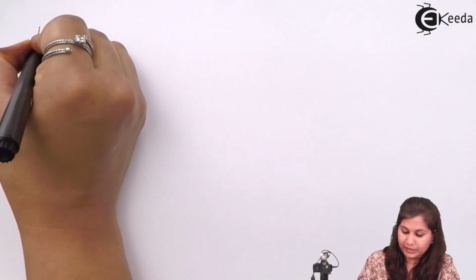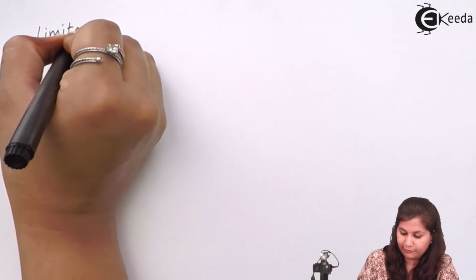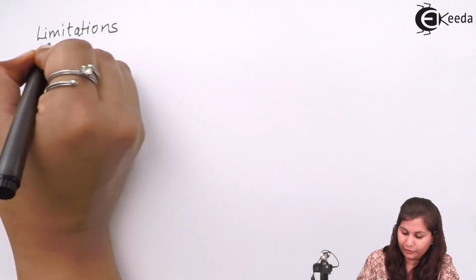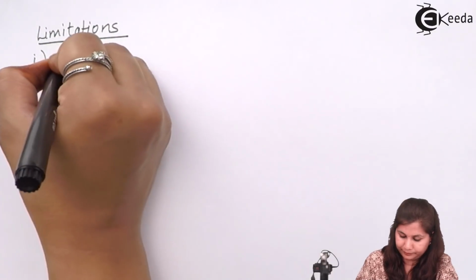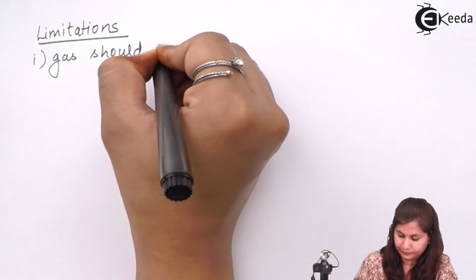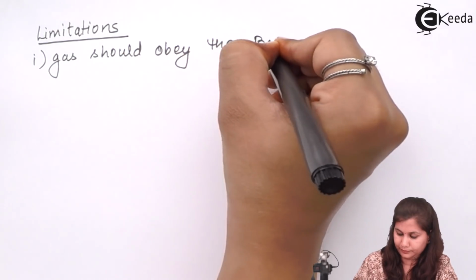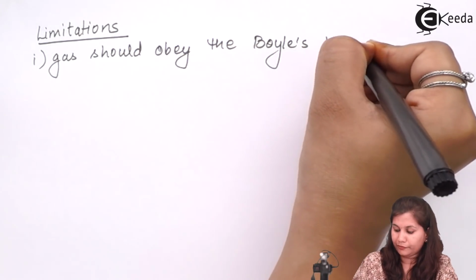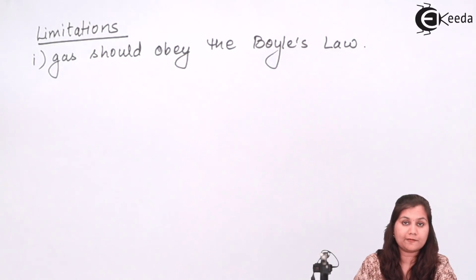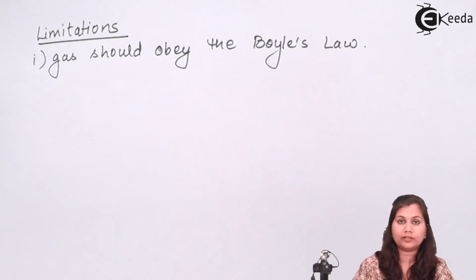Next come the limitations, or disadvantages, of the McLeod gauge. The first limitation is that the gas whose pressure we want to measure should obey Boyle's law, because the working of the McLeod gauge is based on Boyle's law, that the final conditions are equal to the initial conditions, P1 V1 equals P2 V2.